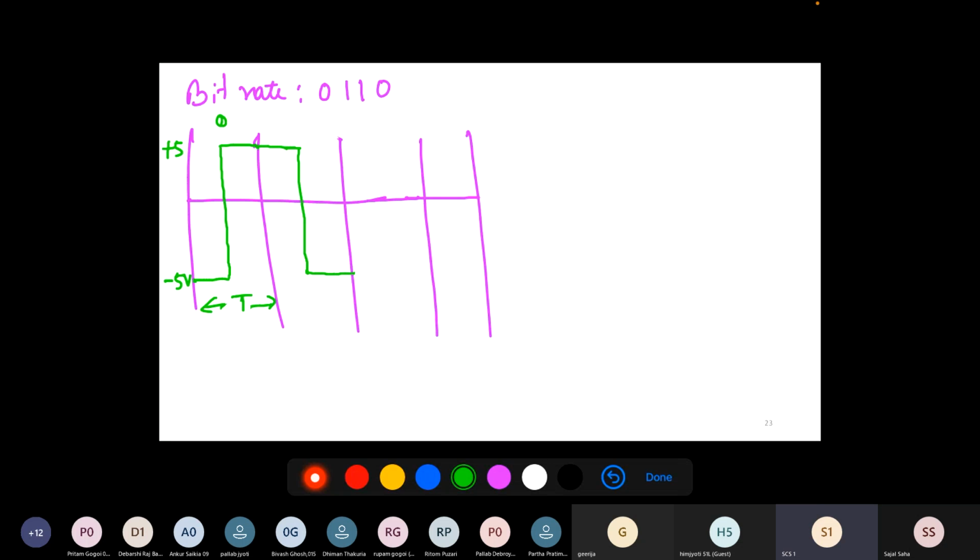Is this clear? Shall I repeat? It's clear now? Now tell me, this one is representing 0, this one is representing 1.